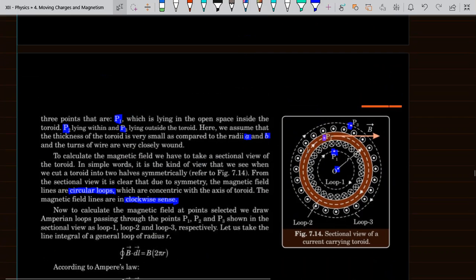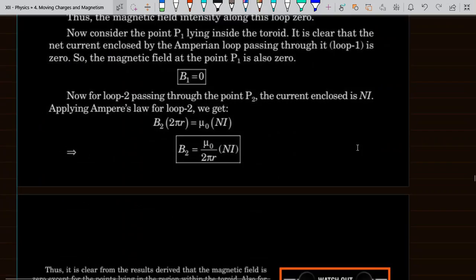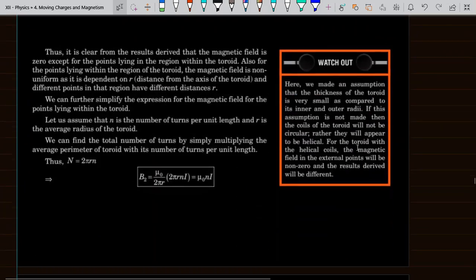That means ये जो तुम्हें ऑरेंज वाला पार्ट दिख रहा है ना, उसमें अलग अलग पॉइंट्स होंगे अलग अलग डिस्टेंस पे, कहाँ से? एक्सिस से, इसलिए हर एक पॉइंट पे जो मैग्नेटिक फील्ड होगा वो अलग होगा, it will be different. Yes, on that loop it will be same, but if the loop is made little bigger or smaller, the magnetic field will change.